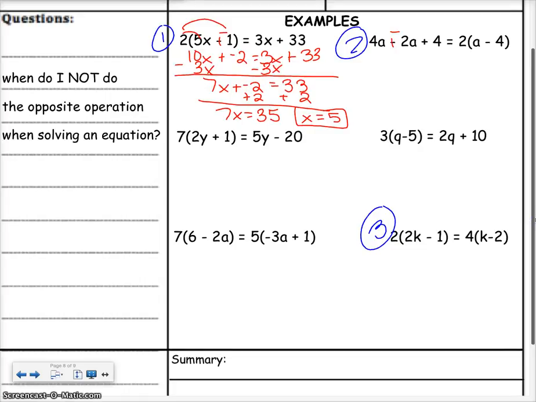Next ones, I'm plusing a negative, distributing, so 4a plus a negative 2a plus 4 equals 2a plus a negative 8. Combining like terms on the same side, so that's my 4a and negative 2a, is 2a plus 4 equals 2a plus a negative 8.